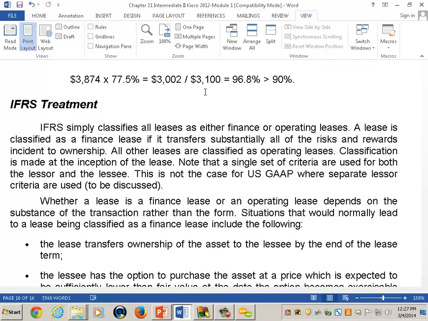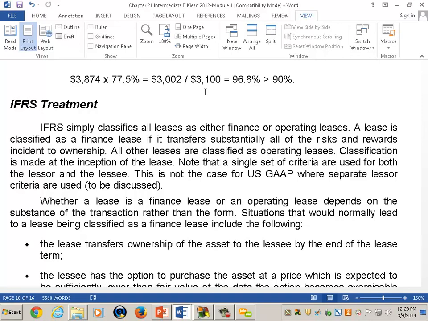Okay. Now, let's look carefully at IFRS. First of all, IFRS, always much easier. One set of rules for the lessor and the lessee. US GAAP, we still have to look at the lessor. Separate module for that. IFRS, very simple on the interest rate. Always use the implicit rate, always.